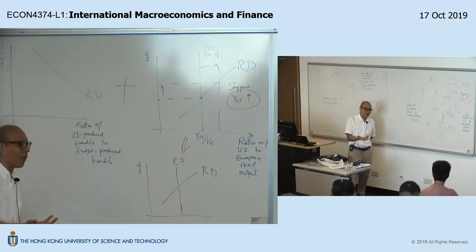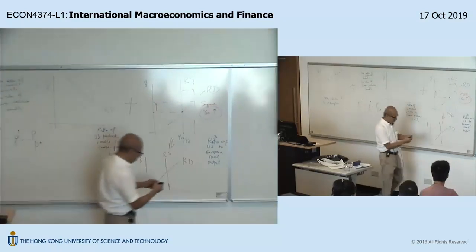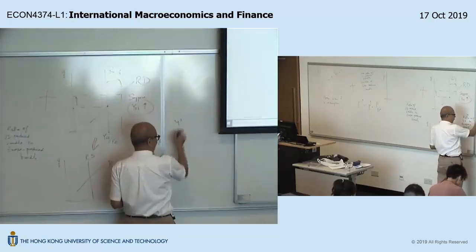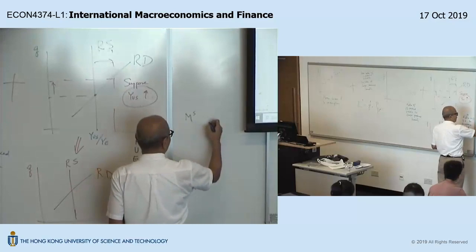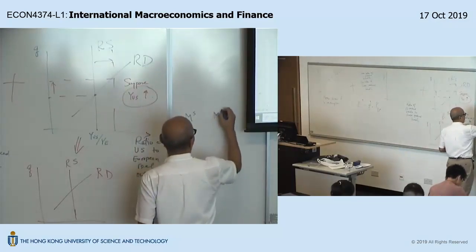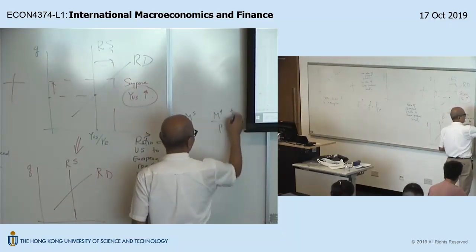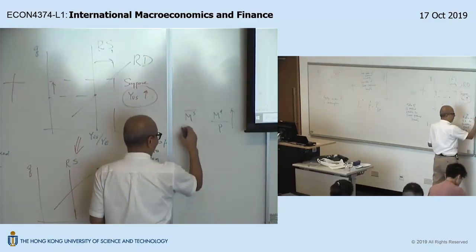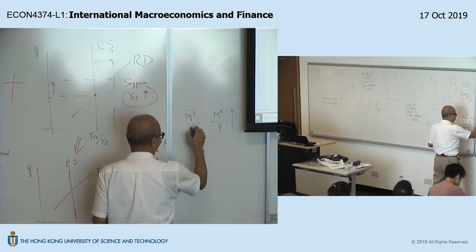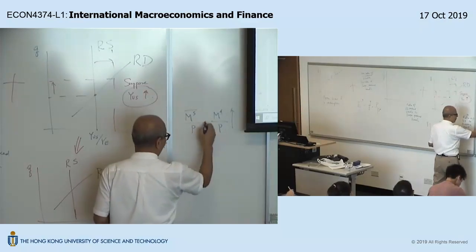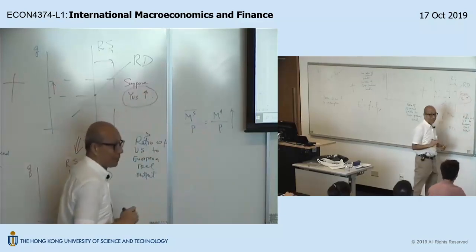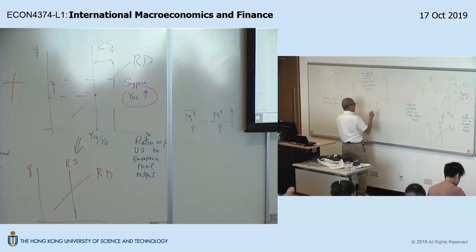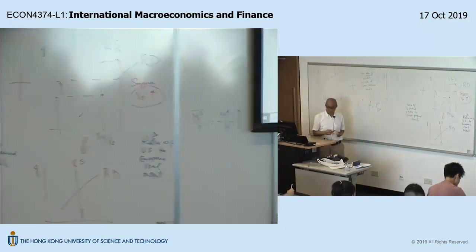Therefore the price level has to fall, because your money supply is fixed. If money demand has increased and the money supply is fixed, the price must fall, because they just have to be equal. So the price has to fall in the money market.